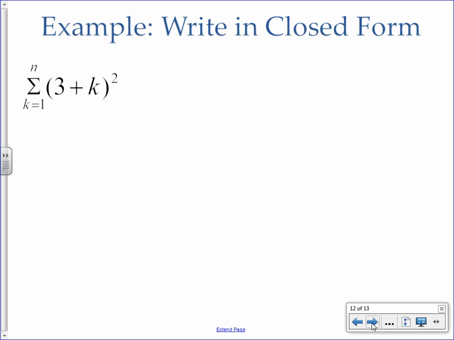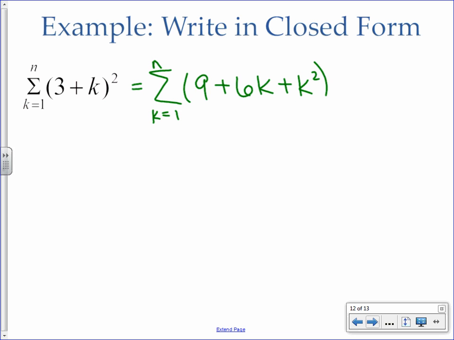Okay, so first of all, let's go ahead and rewrite this sum. What are we gonna have to do? We have to FOIL it out. And then from here, what are we gonna have to do?